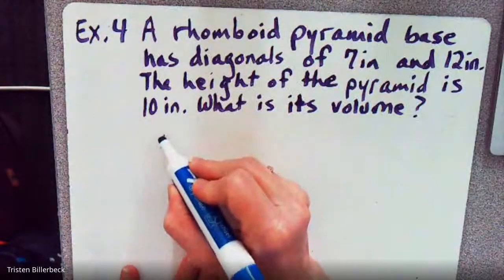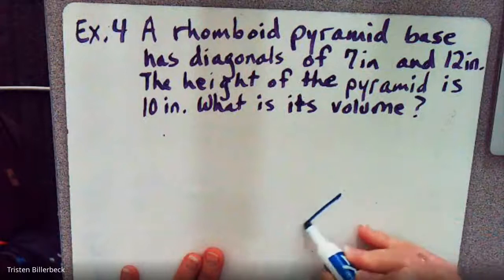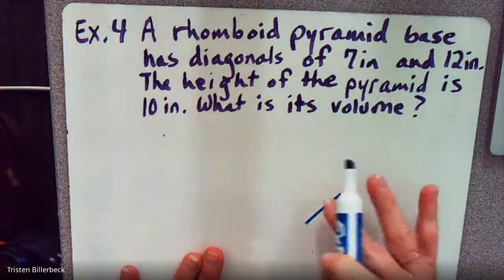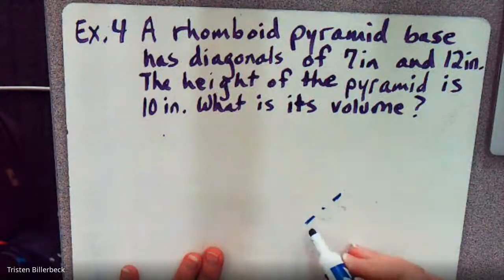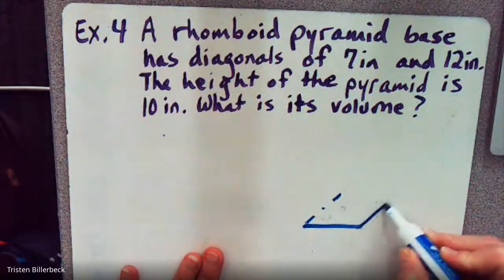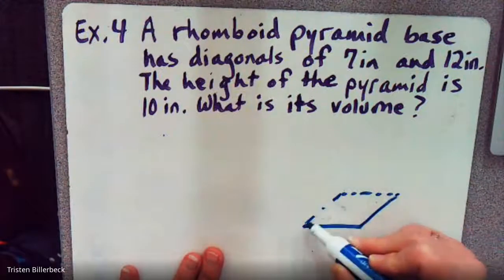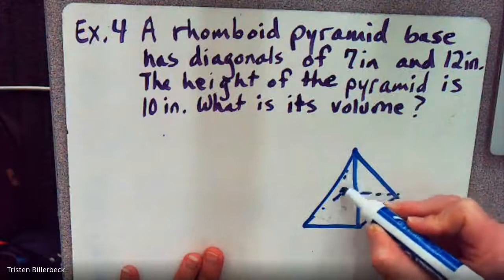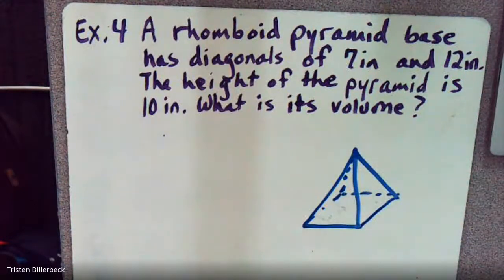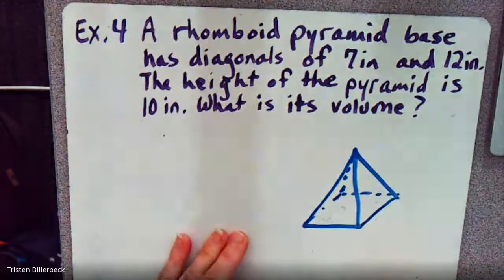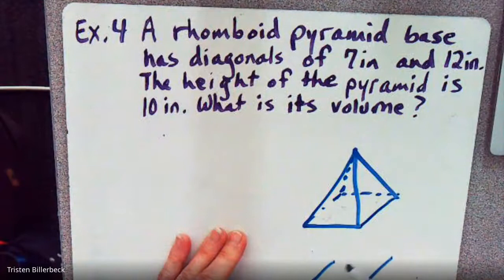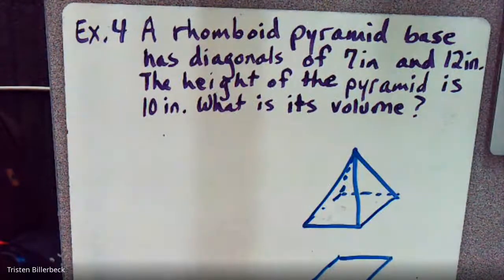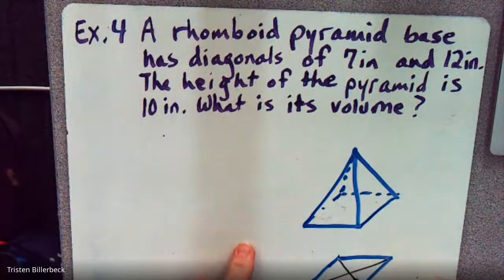So if we take this rhombus and look at its diagonals, we have one diagonal like this, one diagonal like that.